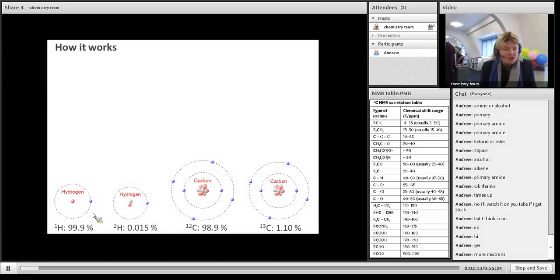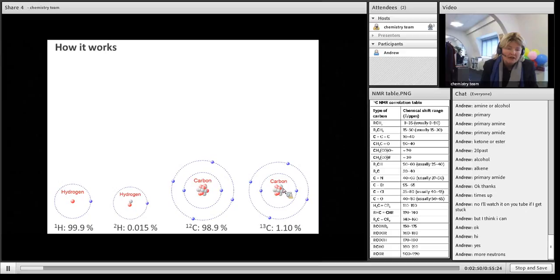So hydrogen-1, or protium, is affected by the magnetic field. Deuterium is not, because every proton is coupled with a neutron, so they'll spin merrily together and there'll be no effect on the magnetic field. Carbon-12, same thing. 6 protons, 6 neutrons. Every proton is coupled, no effect on the magnetic field. But carbon-13 has an effect because there's 1 neutron that's not coupled. And so carbon-13 is affected by a magnetic field.